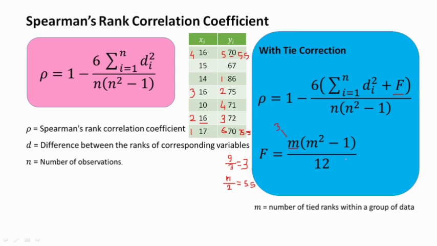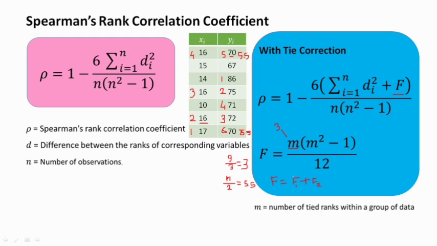In the second data set, a value is repeated 2 times. So in total, 2 values are repeated by considering both data sets: in the first data set one value is repeated, and in the second data set also one value is repeated. So that's why here f is equal to f1 plus f2.